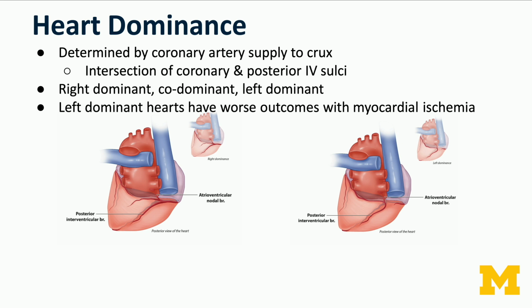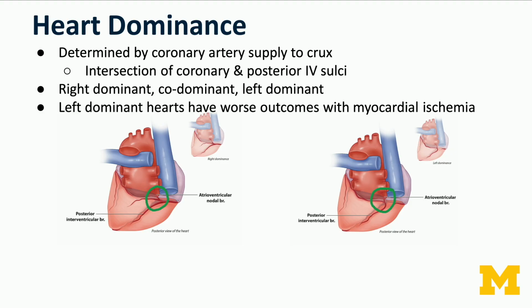We talked a little bit about the frequency of various branches arising from the RCA or the LCA. And we talked about the crux of the heart, where the coronary sulcus meets the posterior interventricular sulcus, and what that means for if the RCA or the LCA gets to that area.